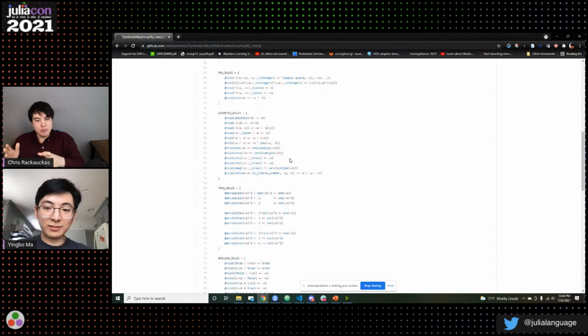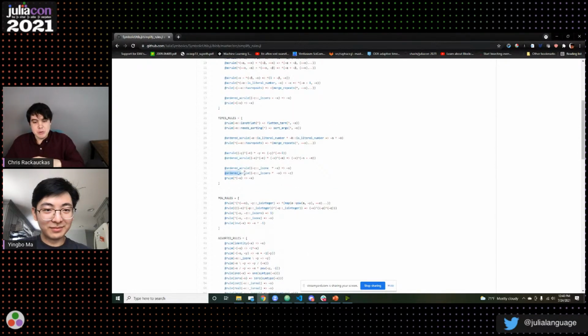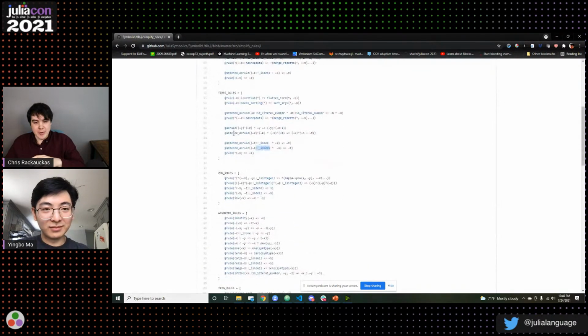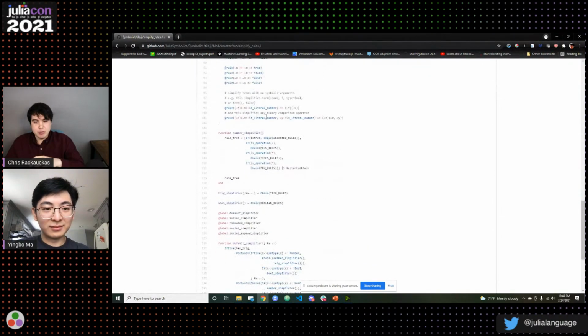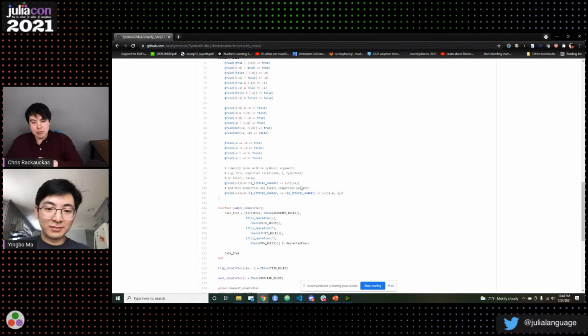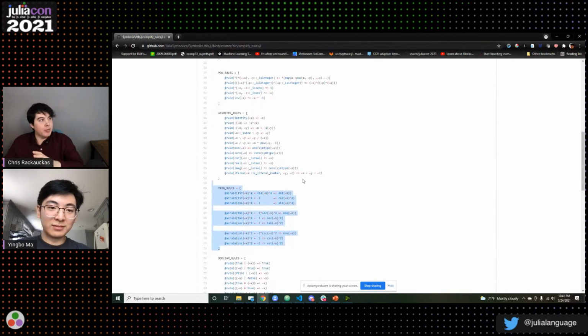The rule system is pretty complex, so we didn't want to go into too much detail on how that's done, but all these rules can be dispatching off of traits and all that. These are just the rules that are handled in simplify by default. You can instead tell simplify what rule set you want to work with, and you can take these rule sets and extend them to add in your rules for your functions. These are just the ones baked in, trig rules and all that, but you can always extend all this however you want.